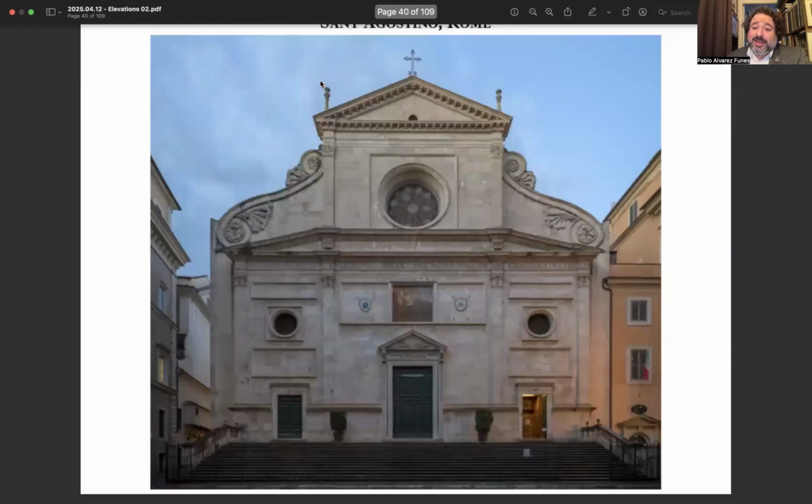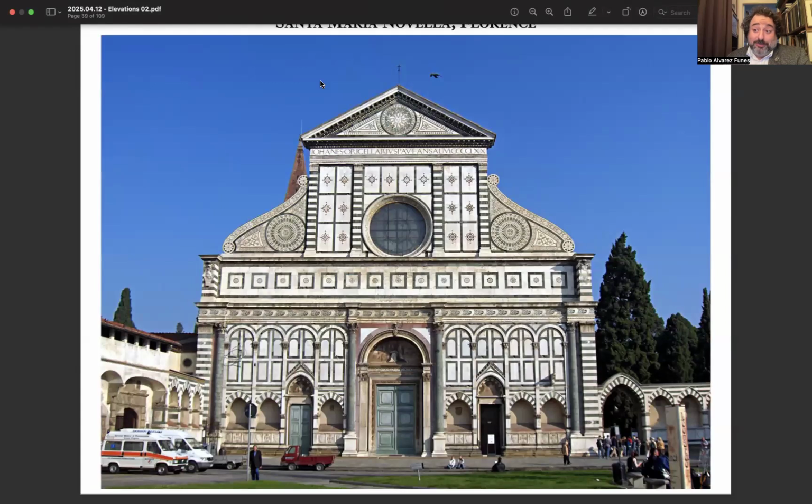Correct. The right word in Spanish would be modillon, and in English, scroll. I think it does have a structural reason in some cases.